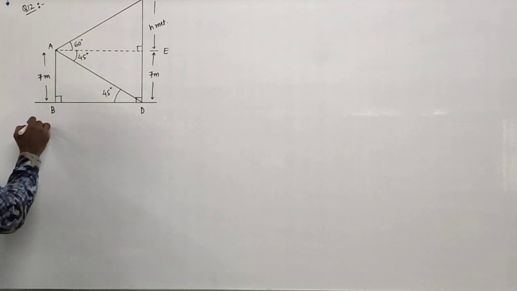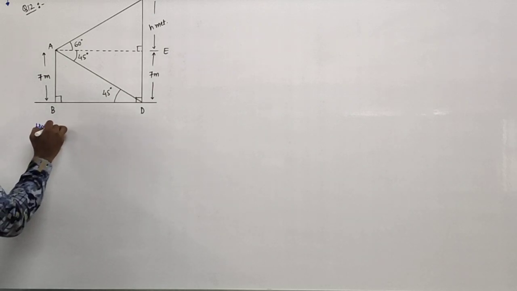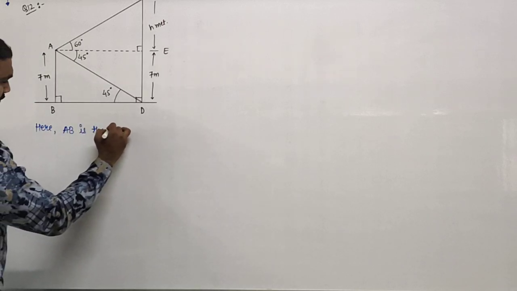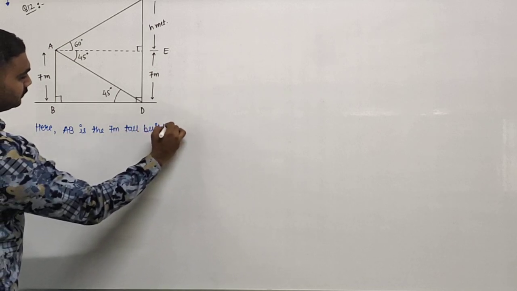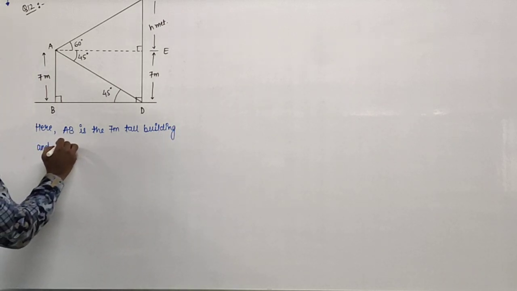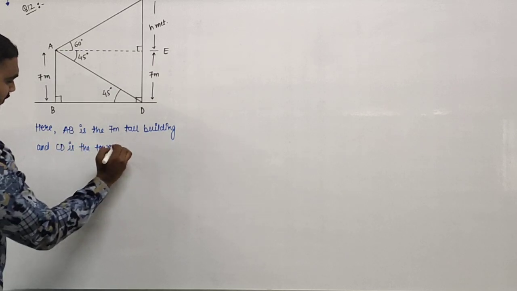So here, let me write down, sorry, first of all we'll write down what we know, that is here AB is the 7 meter tall building and CD is the tower, right?